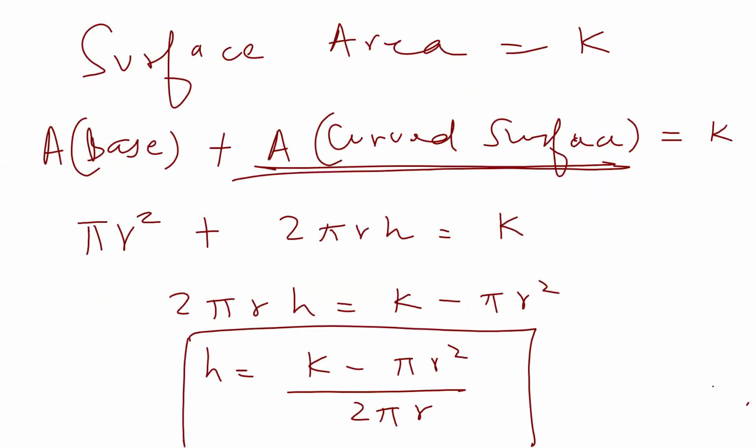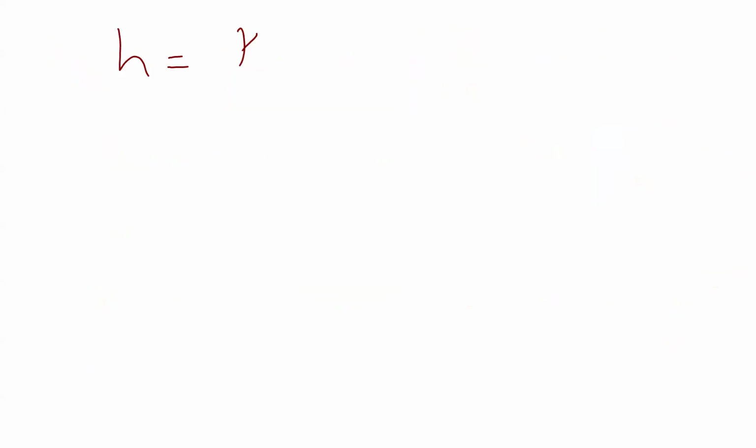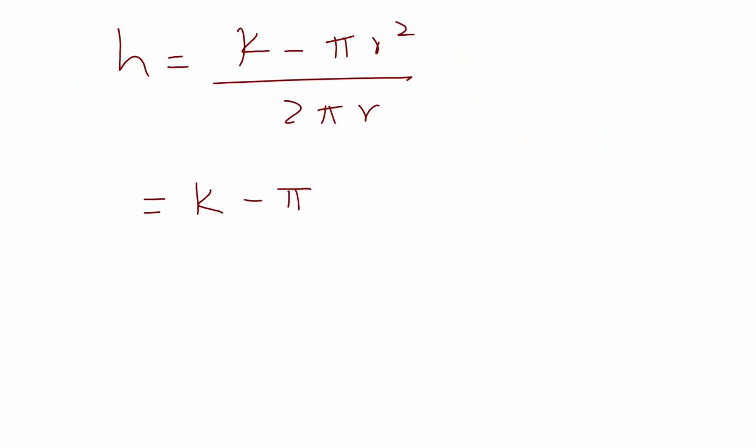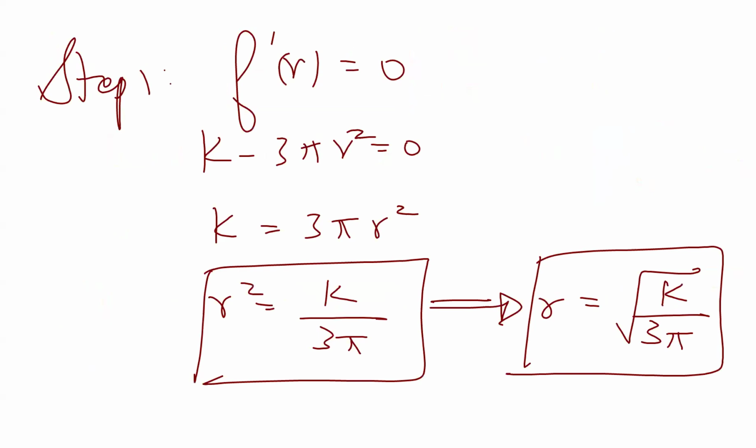Now h is equal to k minus pi r square upon 2 pi r. So we'll put the value of r square and r. r square is equal to, I've highlighted it, k upon 3 pi.